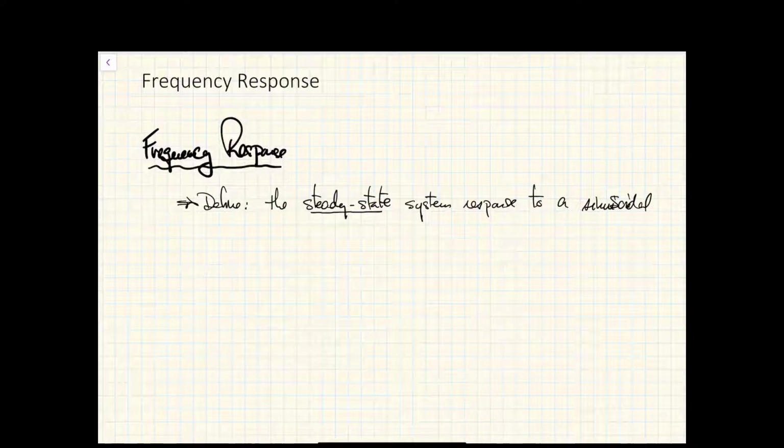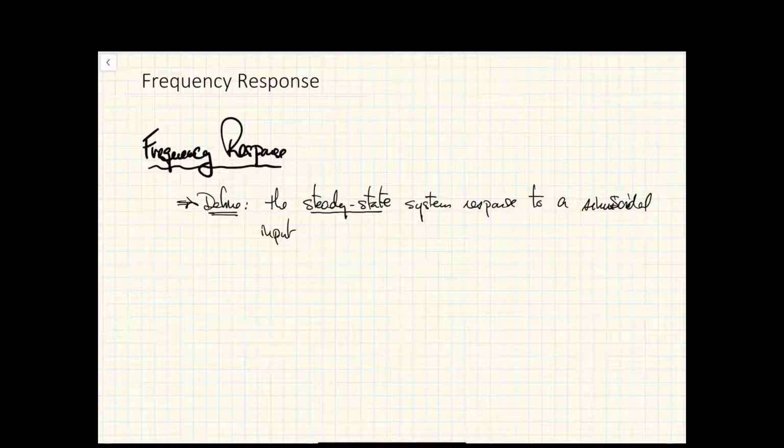Sinusoidal, tough word here, input. In contrast to what we've done before, which is to look at a system's response typically due to a step input, which is what we've primarily focused on so far in our discussion, right?